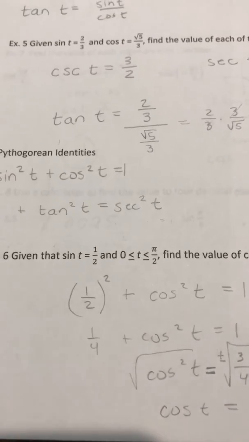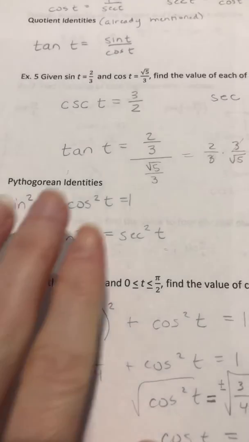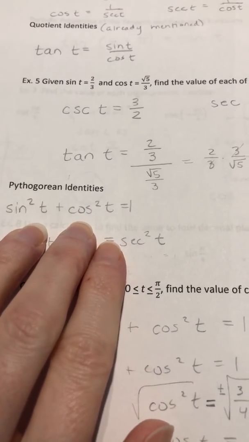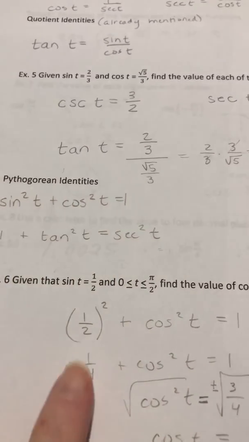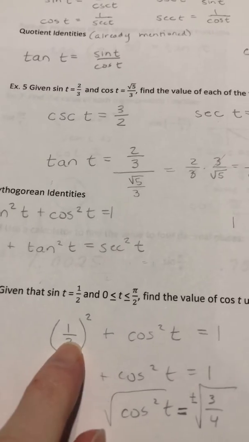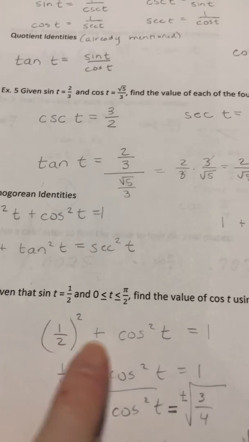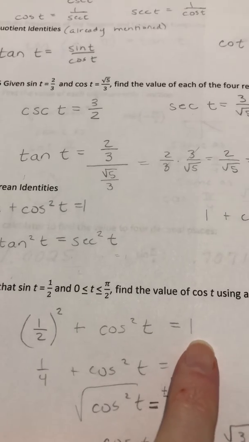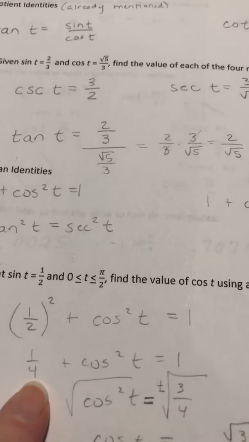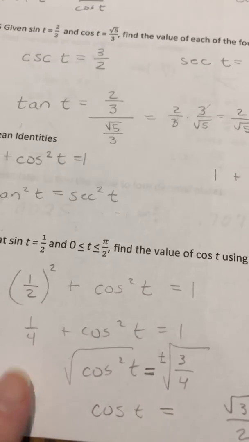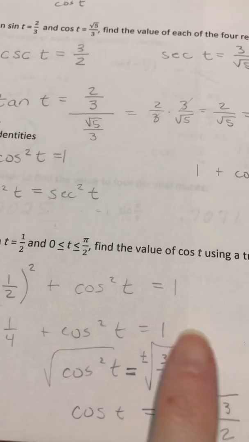So we're going to use sine squared t plus cosine squared t equals 1. We know what the sine is, it's 1/2. So sine squared t plus cosine squared t equals 1. 1/2 squared is 1/4. Subtract the 1/4 from 1.